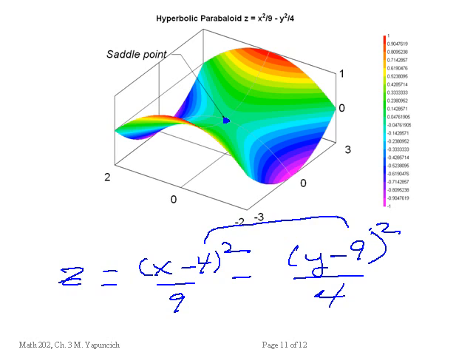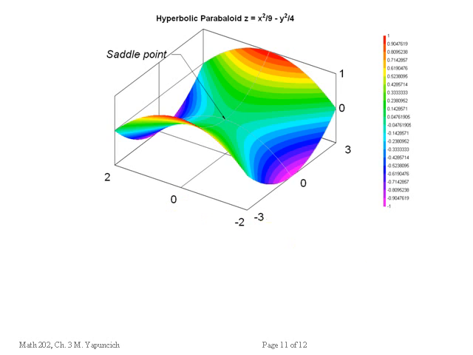Then the critical point would be at 4 and minus 9, not at 0, 0. Anyway, we're talking about this point right here, and we said it's a critical point. It's the only point where the first derivatives vanish. It is the only critical point.